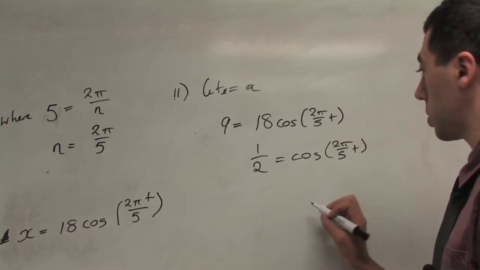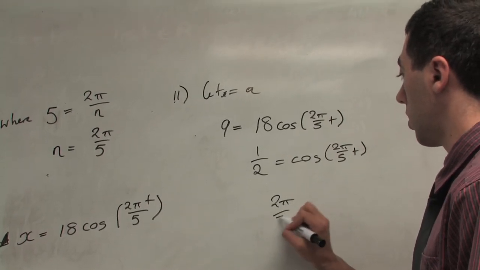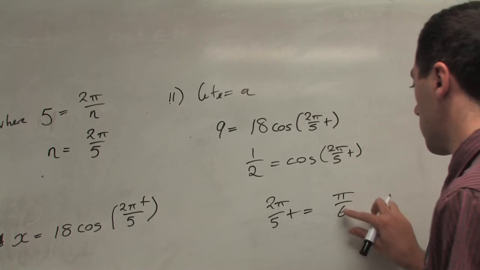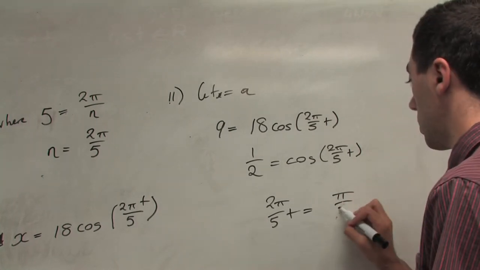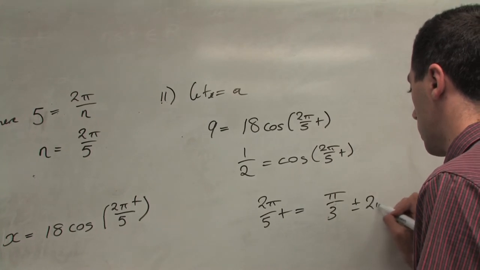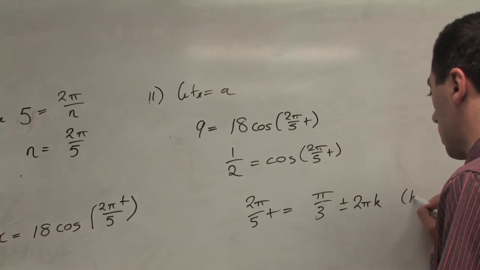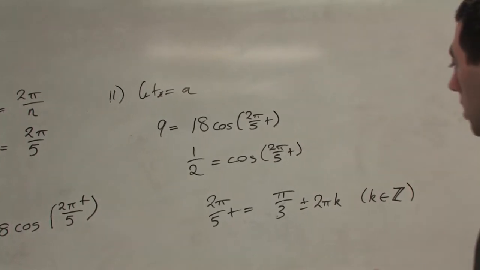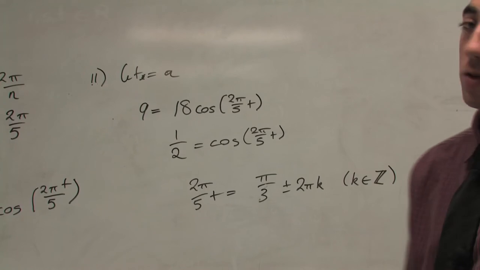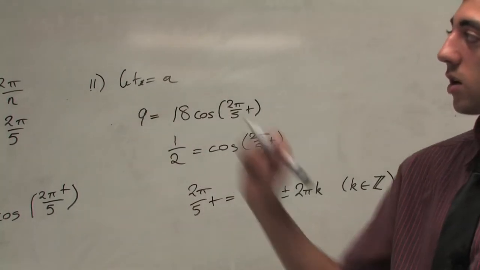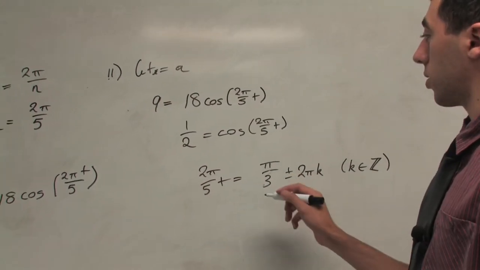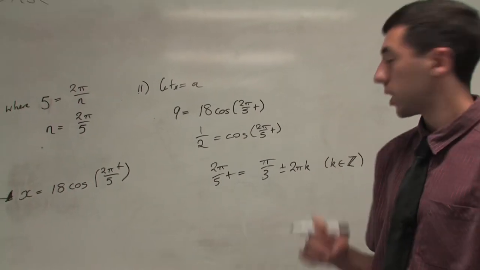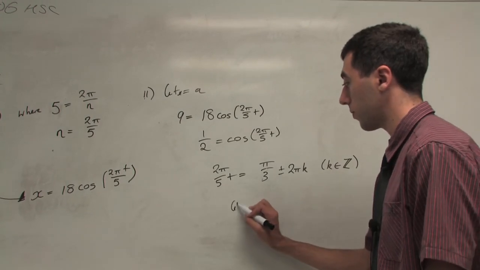Now for our general solution, we can say that 2 pi over 5 t is equal to pi on 3 plus or minus 2 pi k, where k is an element of the integers. Okay, so we need to choose the first time for convenience because we know it starts at 0. So what value of k should we choose to make it the lowest positive number? Clearly, we'll choose k equals 0.